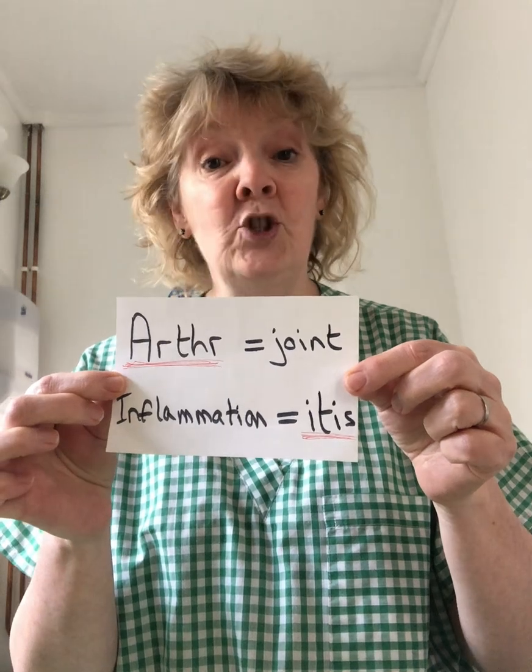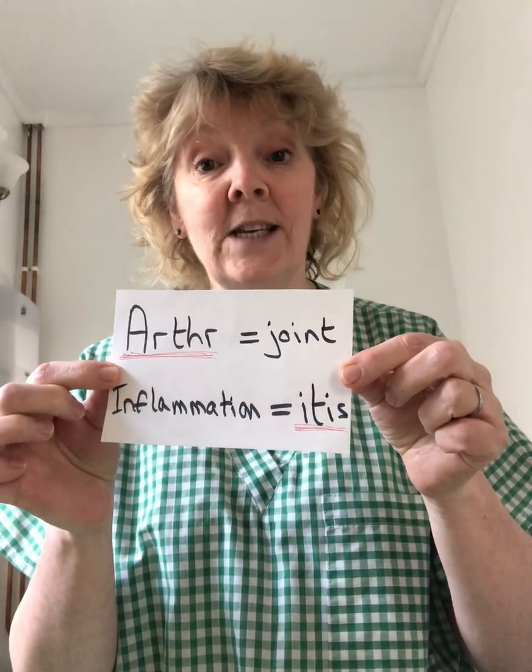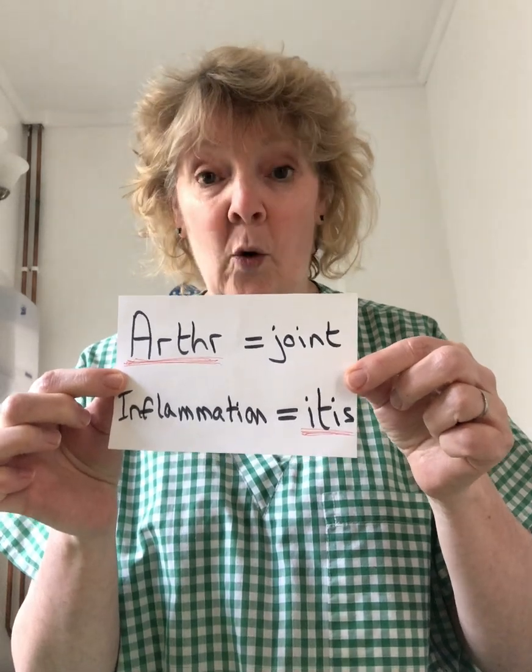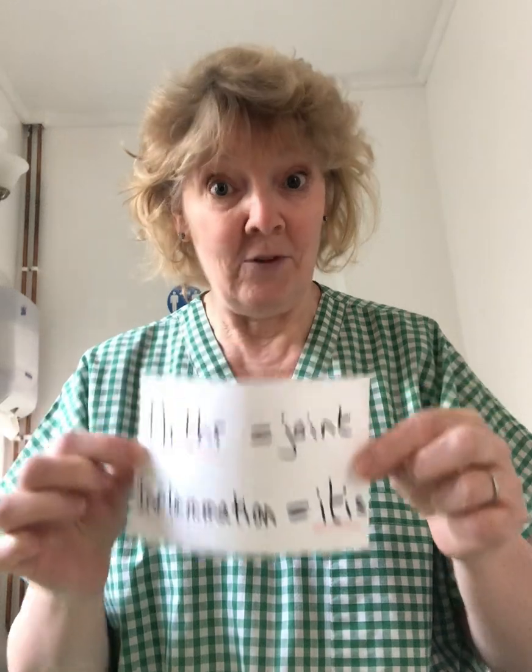Arth means joint. Itis means inflammation. So fundamentally, at its basic level, and remember that's how we try to look at principles in this clinic, at its principle, we have a joint where two bones meet and there is some inflammation.